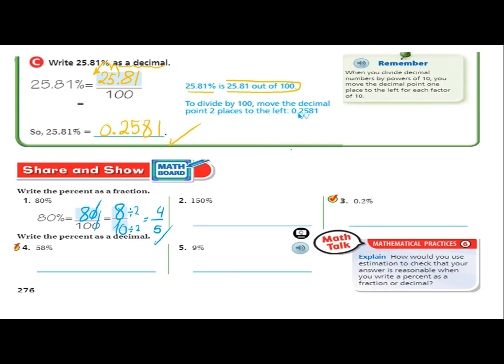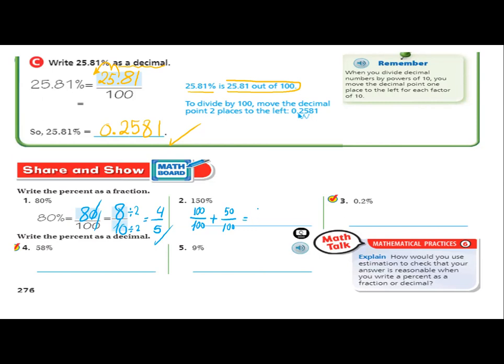Muhammad Isam again. 150%. Muhammad, the same question you will solve. Okay, first thing we will put 100 over 100, plus 50 over 100.